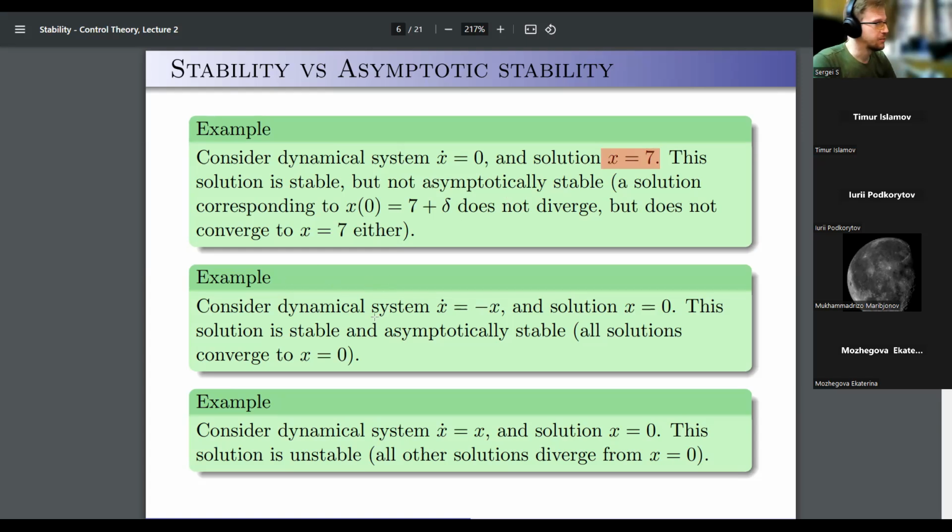Let's consider another example. X dot is equal to minus x. It has a solution x equal to 0. So this solution is stable and also asymptotically stable, because all solutions will converge to x equal to 0. Why is it so? Can someone tell me what the solution to this equation is?